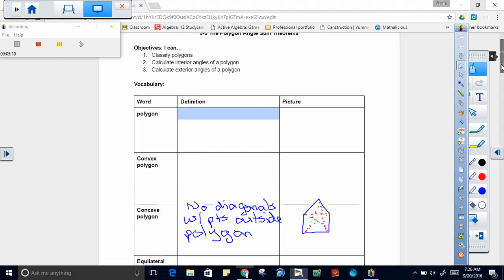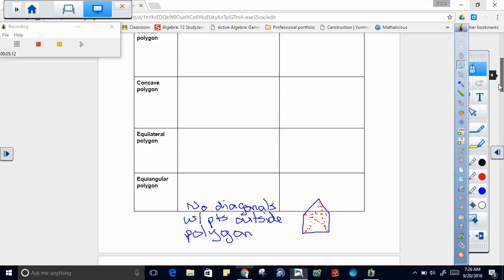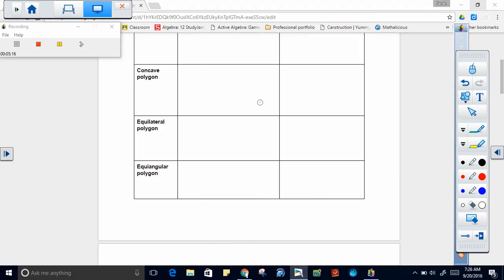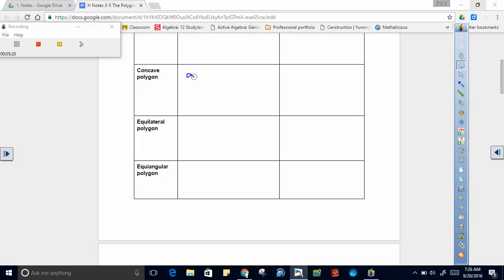Another way to think about this is thinking about it opposite, the concave polygon. A concave polygon has at least one diagonal outside the polygon.